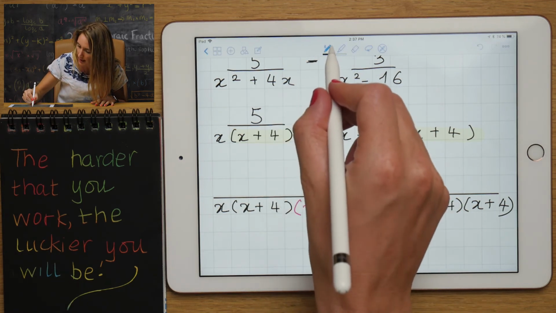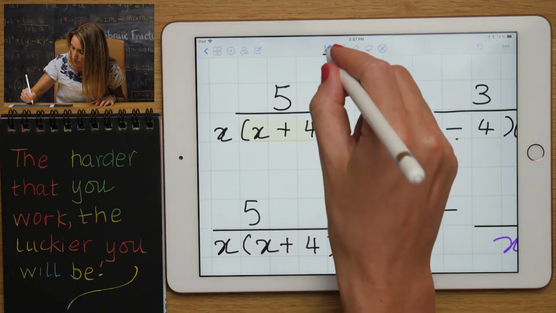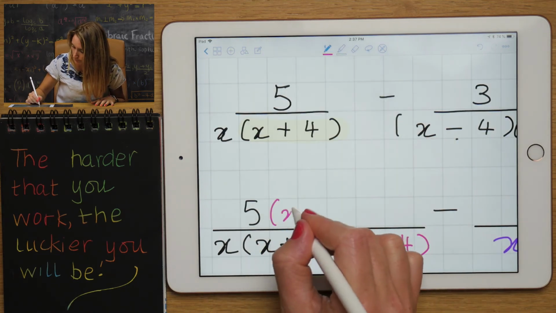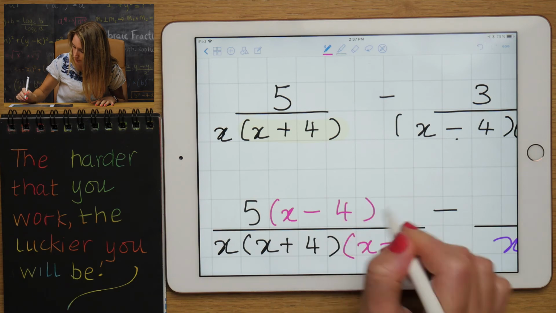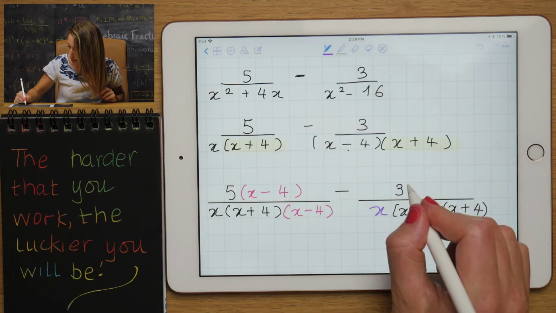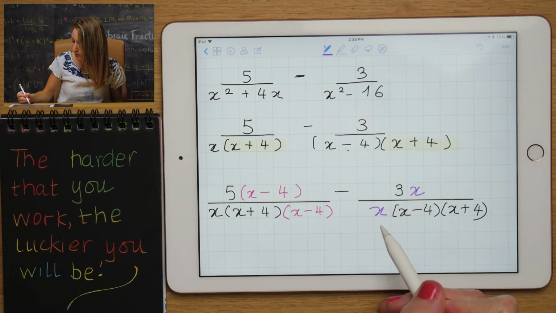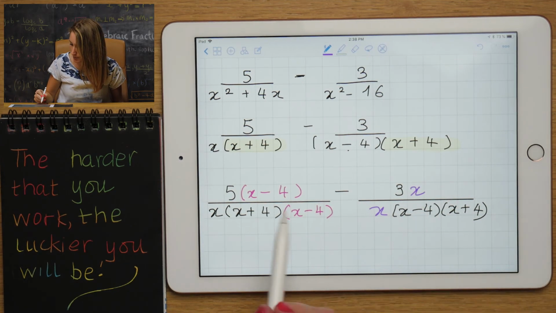Now, if I put an x minus 4 on the bottom, I need to put an x minus 4 on the top. And the same if I put an x on the bottom, I've got to put an x on the top. So what I've done is I've created one denominator that's matching.